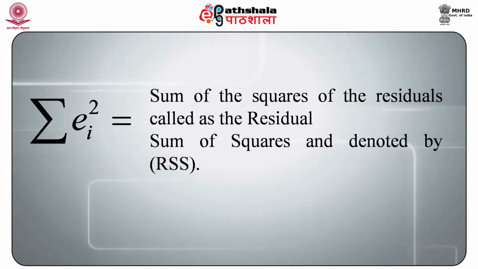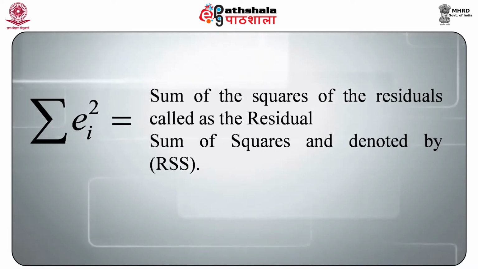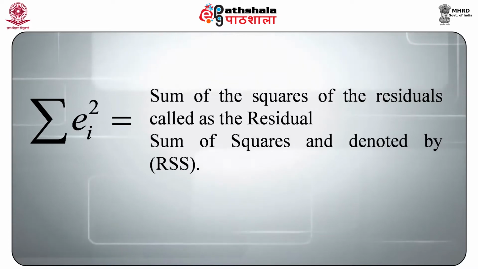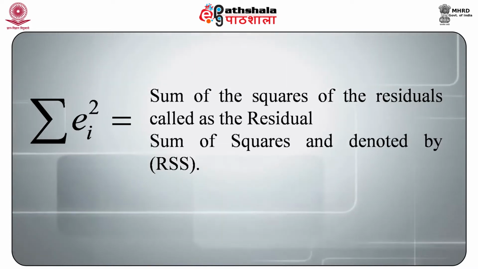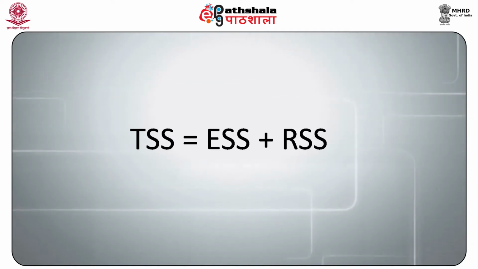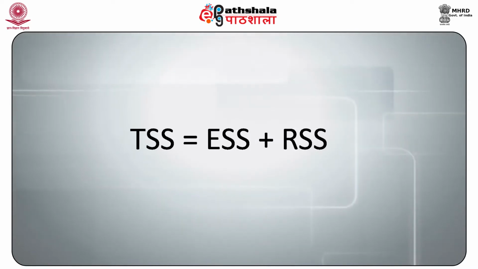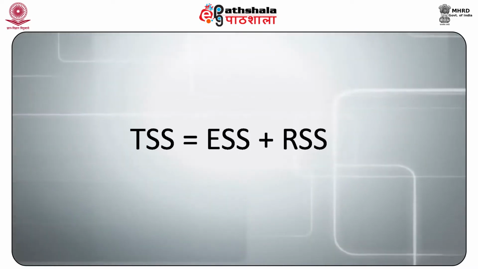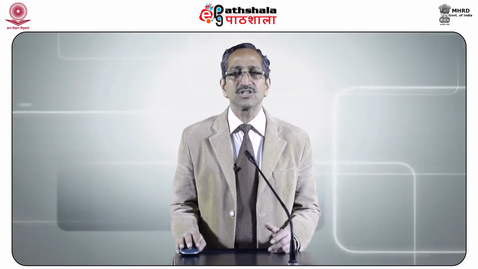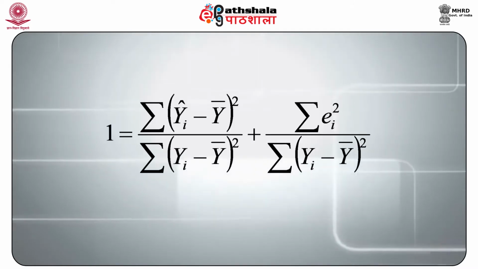However, the second term, summation ei square, is nothing but the sum of the squares of the residuals, which is called the residual sum of the squares and is denoted by RSS. Therefore, you may see that the total sum of the squares TSS is equal to the explained sum of the squares ESS plus the residual sum of the squares RSS. Now, this relationship we are defining as the eighth equation. The RSS is the unexplained sum of the squares.